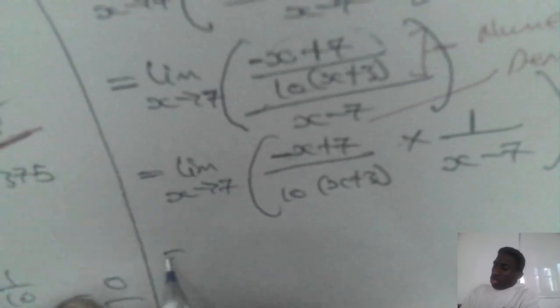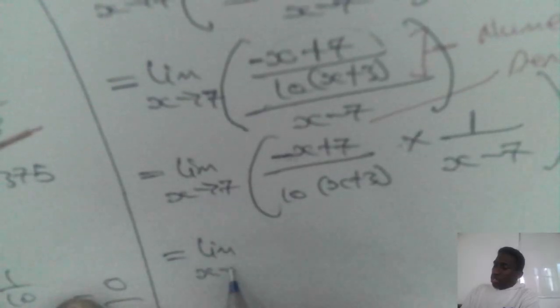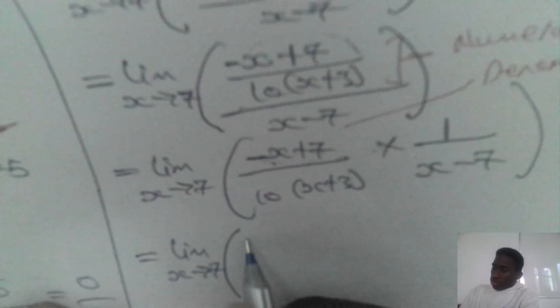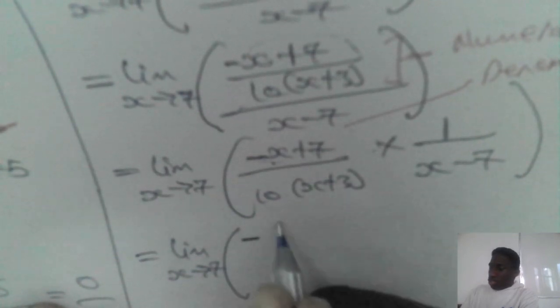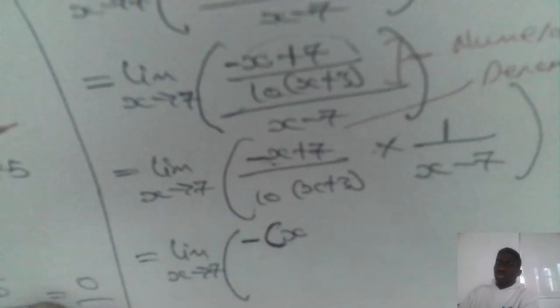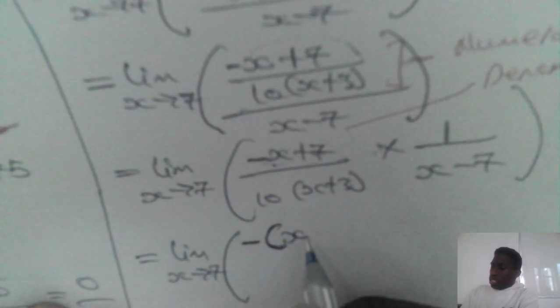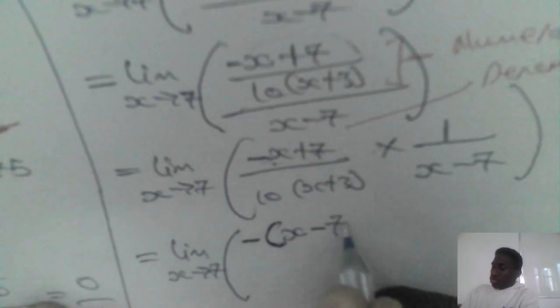What I mean is that we can easily correct this by factorizing the numerator, using minus 1 to factorize it, as in you factorize out a minus sign. So this is simple as minus into, so minus x divided by minus 1 is x, and 7 divided by minus 1 is minus 7.